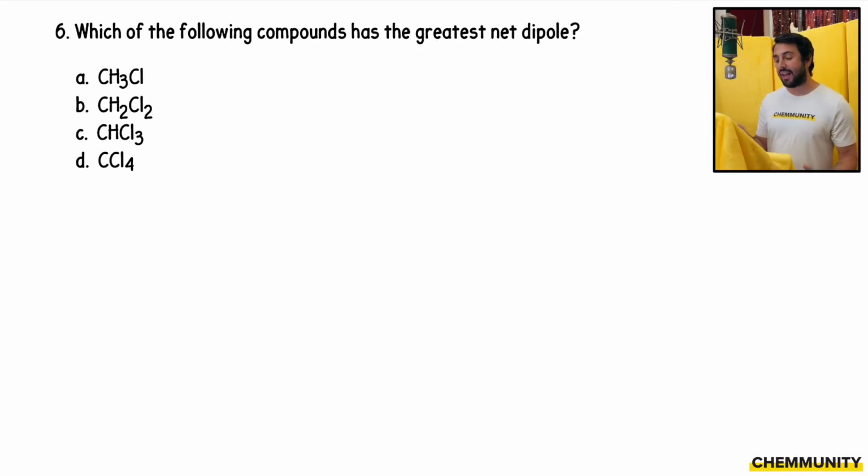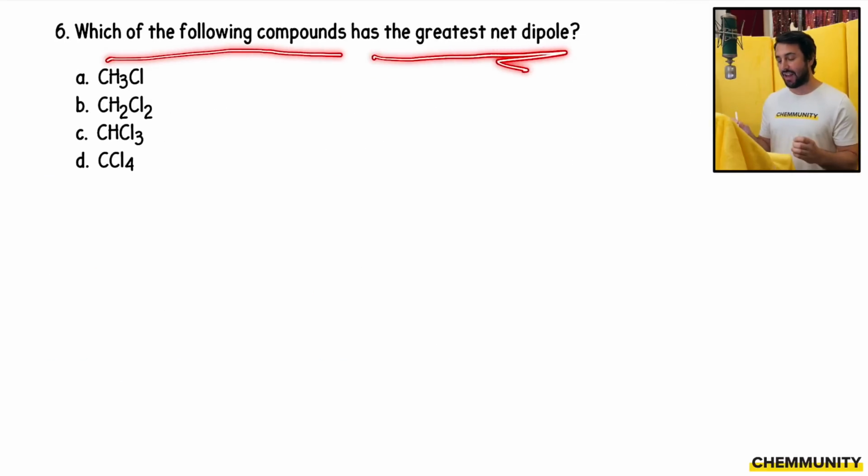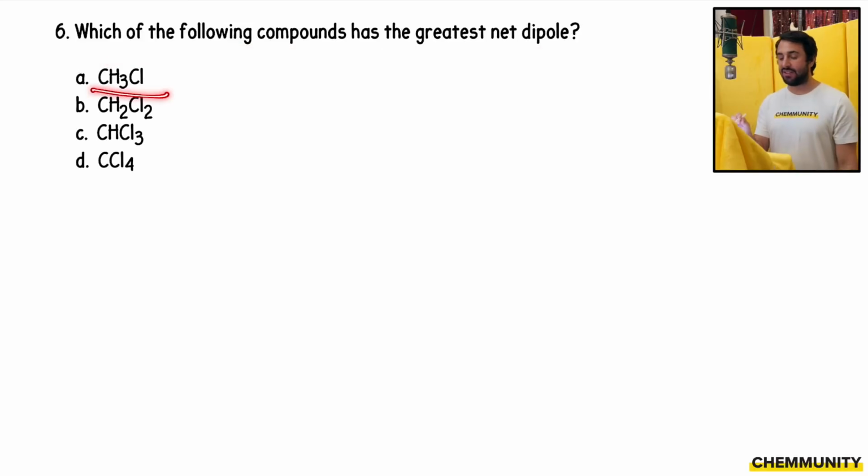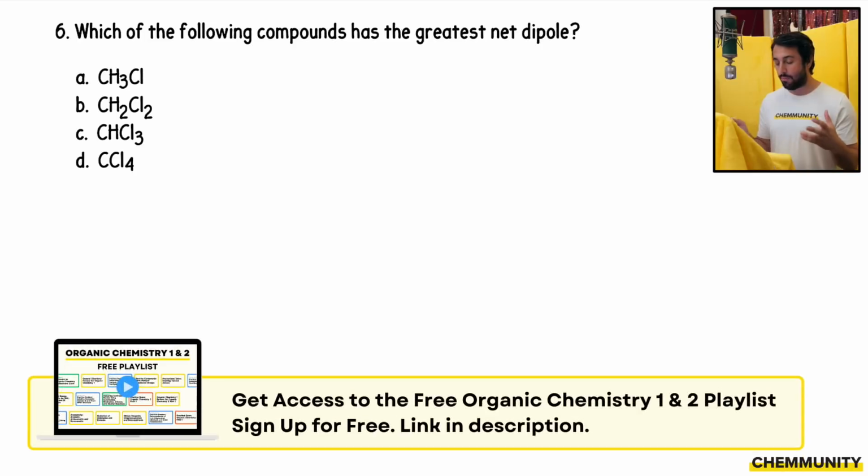Okay, number 6 asks, which of the following compounds has the greatest net dipole? So we have CH3Cl, CH2Cl2, CHCl3, and CCl4. So these are very related molecules. Now let's go ahead and draw all of them out just so we can really compare them. First we have CH3Cl.